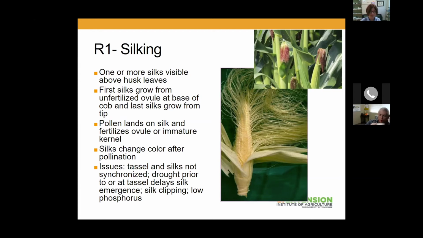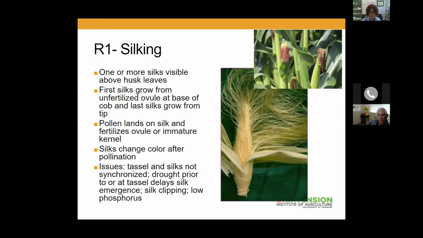So if it's dry, the growth rate of the silk is going to slow down, and sometimes we can miss the pollen. So pollen lands on the silk. It develops a pollen tube that grows down to that ovule, and then you have fertilization, and then a kernel develops on that ear. So obviously water is an issue.